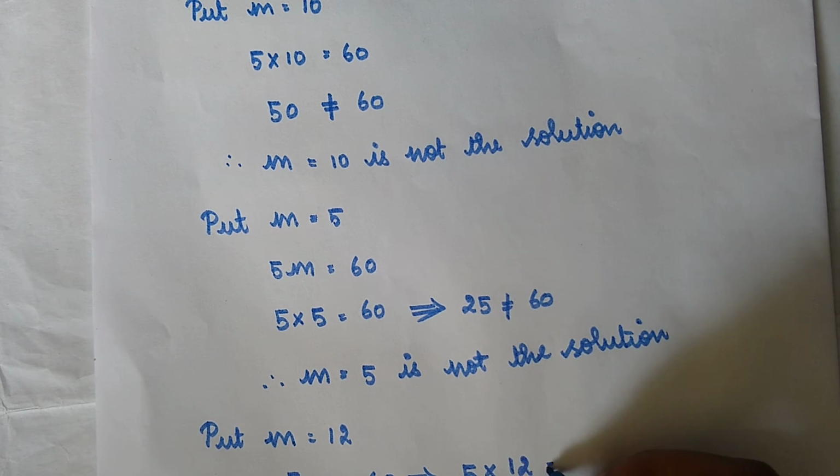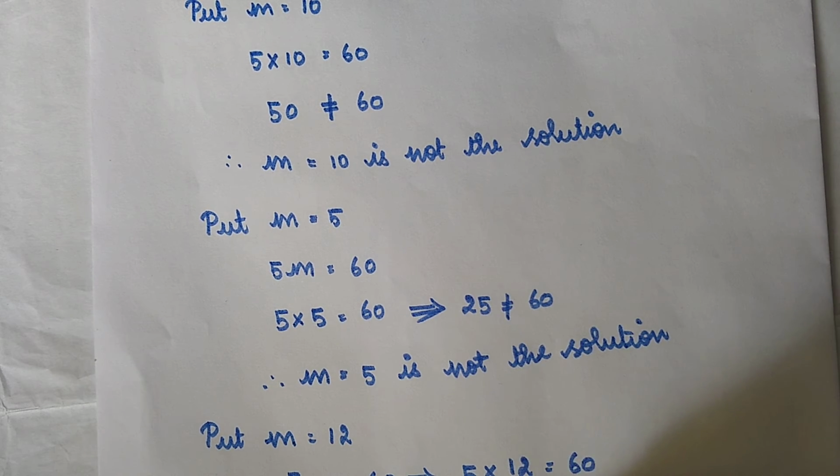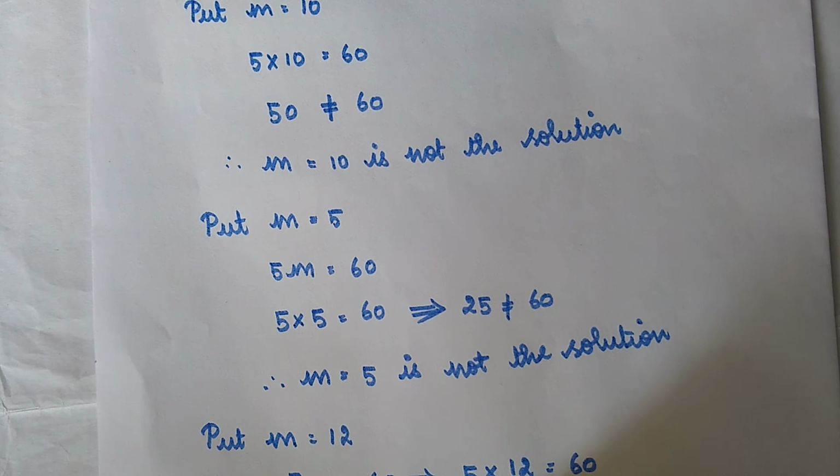Here 12 is the value of m. 5 12s are 60, equal to 60. It is satisfied, this equation. So here m equal to 12 is the solution.